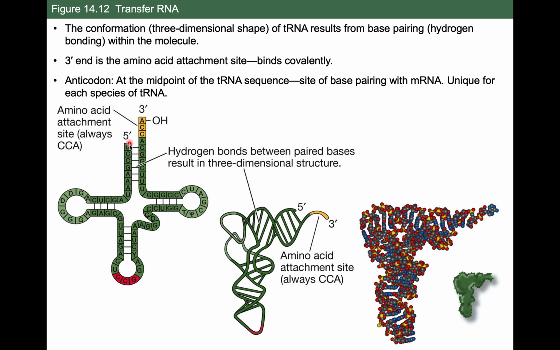And we can see if we look at the structure of a tRNA molecule, here it is depicted in several different ways, but there's really these two key parts that allow the tRNA to do both of those jobs. So the first, in terms of being able to read the codons, are these three nucleotides down at the bottom of the tRNA, and these three nucleotides are called the anticodon. They would be three complementary bases.